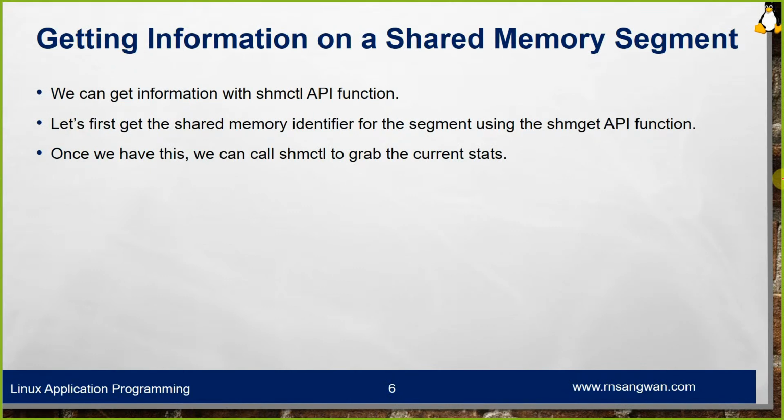Getting information on a shared memory segment. We can get information with the shmctl API function. Let's first get the shared memory identifier for the segment using the shmget API function. Once we have this, we can call shmctl to grab the current status.